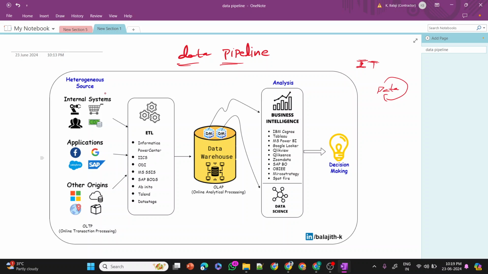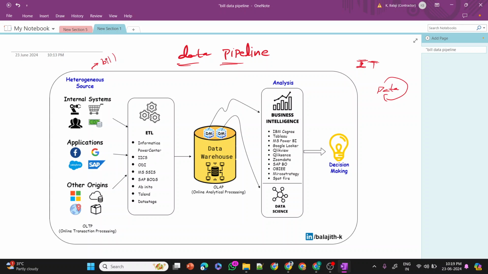For example, take a Reliance supermarket. Customers buy products on a daily, weekly, or monthly basis, and after buying the product, a bill is generated. This bill is the data.